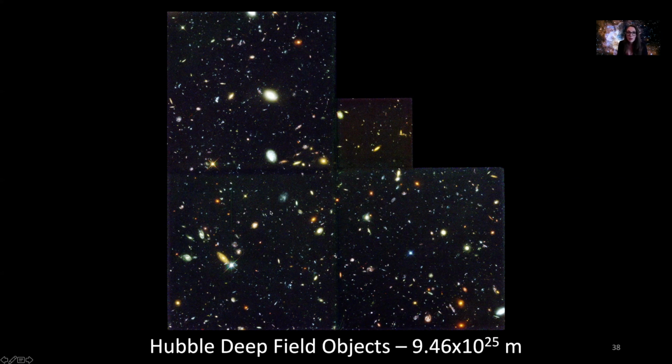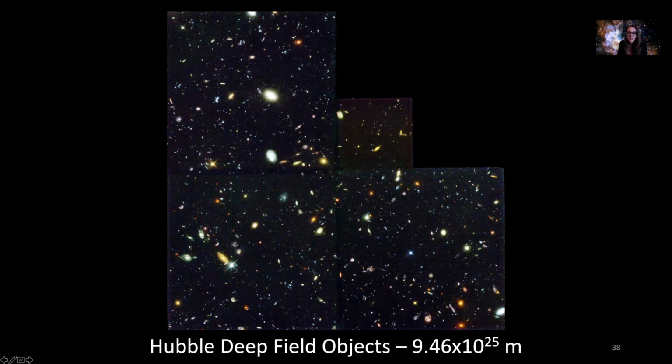It's taken by the Hubble Space Telescope, and it's called the Deep Field because we're looking very, very far to the edges of our universe, and essentially looking back in time too. And we can see a bunch of different galaxies and stars in this image, and you can make out some of these are actually spiral-shaped galaxies in there too, like what the Andromeda Galaxy looks like and what we think our own galaxy looks like too.